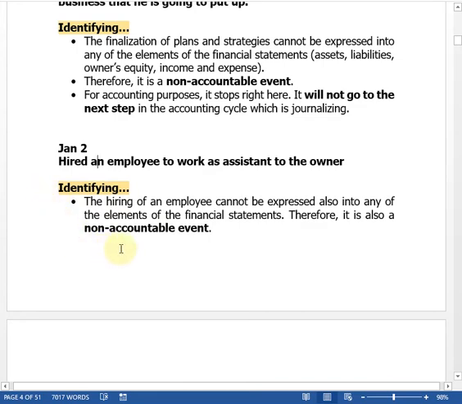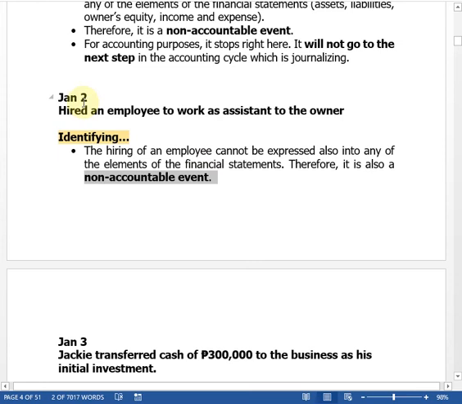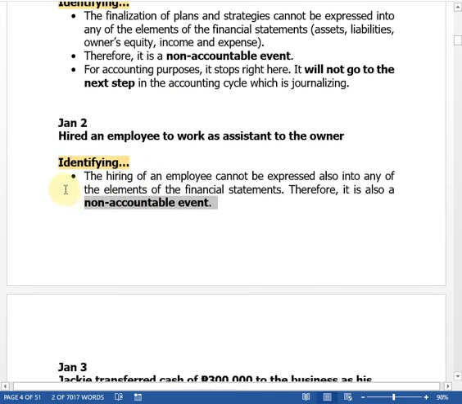It will no longer go through the next stages, especially journalizing as the next step, because it is a non-accountable event. I would reiterate, the transaction is very important for the business, but for the steps in the accounting cycle, it will stop at the identifying stage.